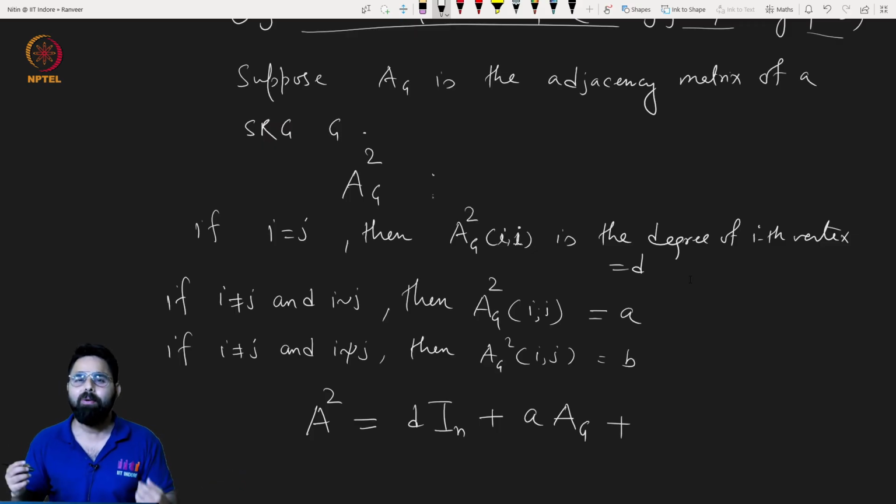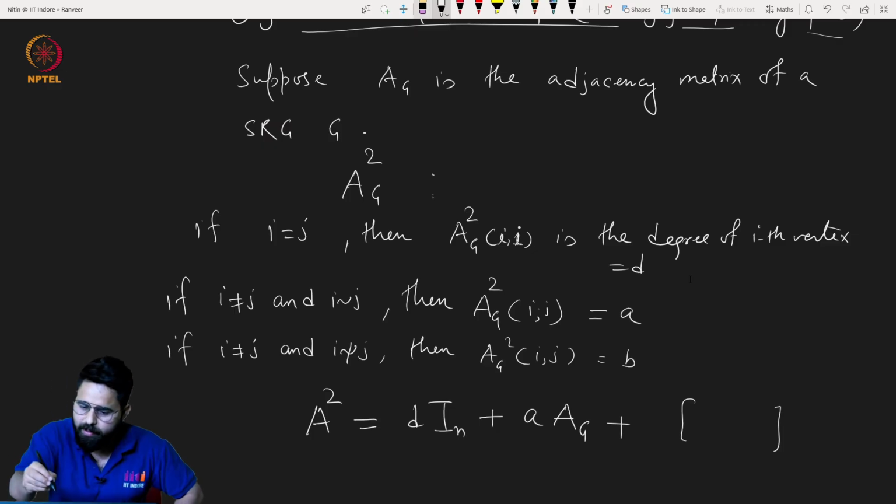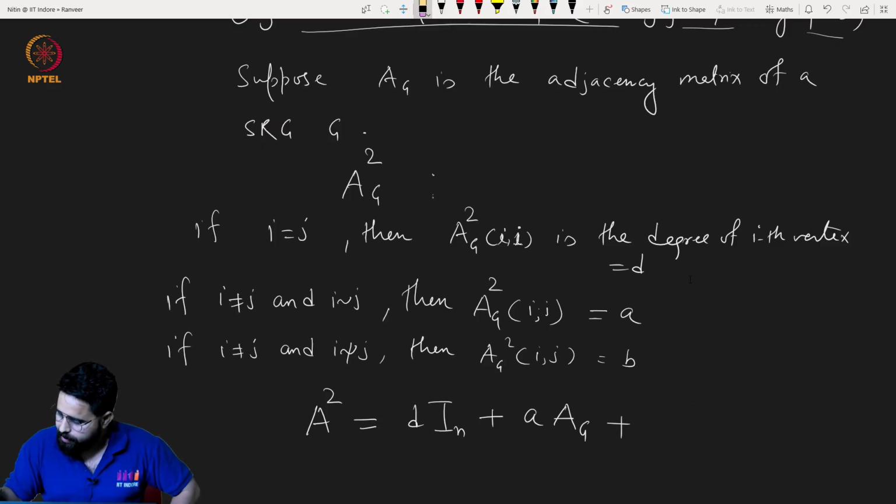But how to represent this? Basically whenever in A there are zeros, in A square ij we will have b, right? So I can represent this matrix, if you see carefully, simply as follows.